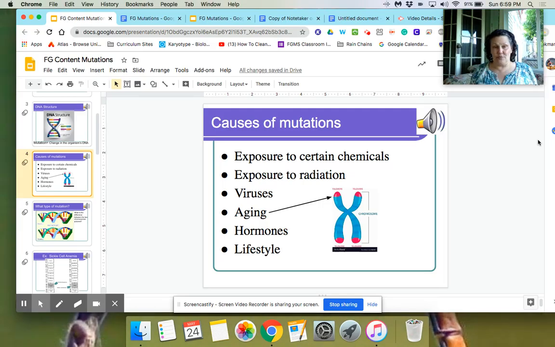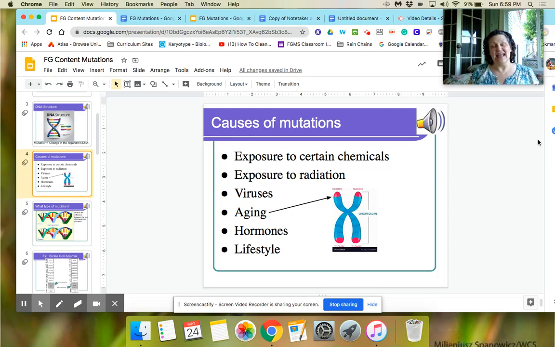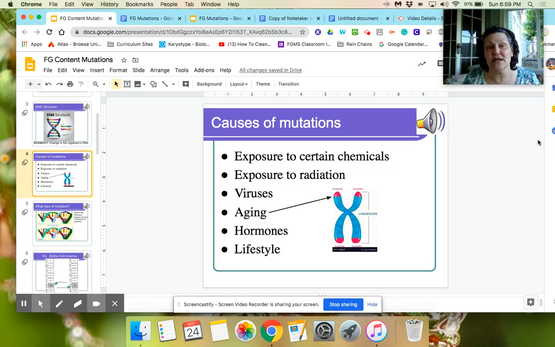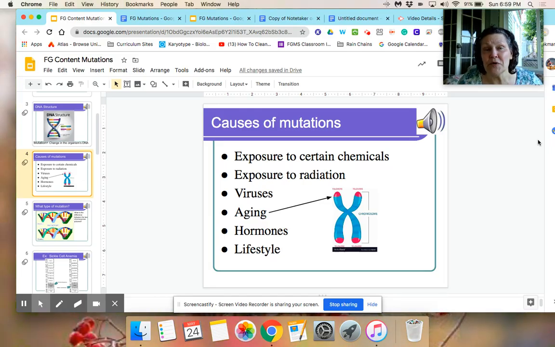The apron is really heavy, and they cover up your front part. The reason they're covering your front part is they're trying to protect your sex cells, right? Because radiation can damage eggs and sperm. So they try to keep them covered.